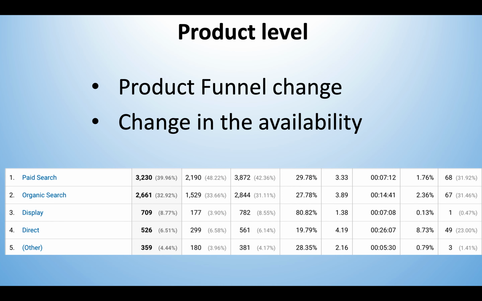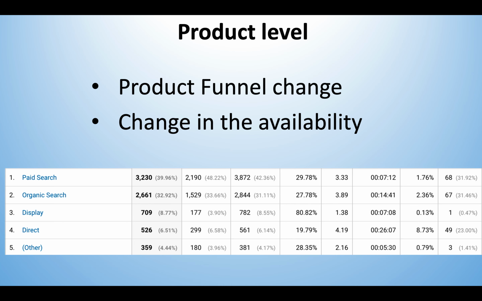The second thing that can happen is the availability. Let's say the number of products available last month versus this month could be different. Let's say this month is a season period, so the product could have sold out faster. Because of that, your CR could also change. But we already deduced there is no change in the impressions and the corresponding clicks, which means there is no seasonality here. However, because of any other factors, if there is a change in the availability, that also will cause the problem.